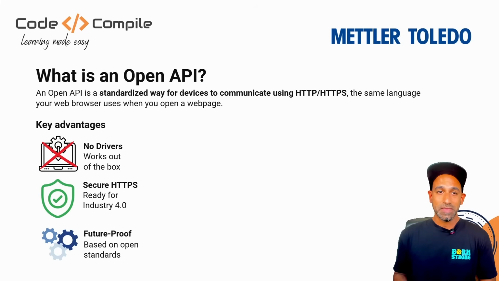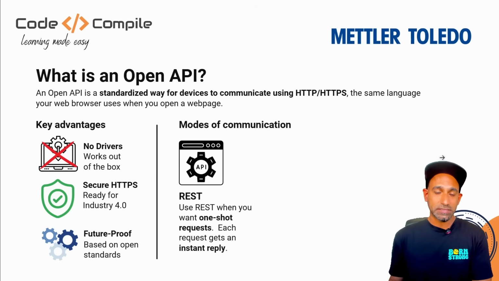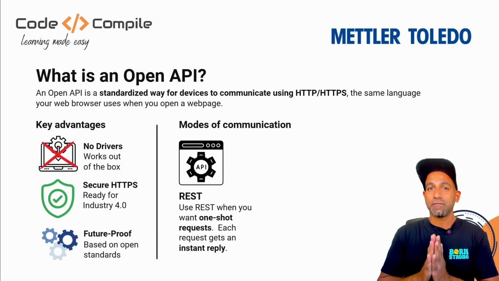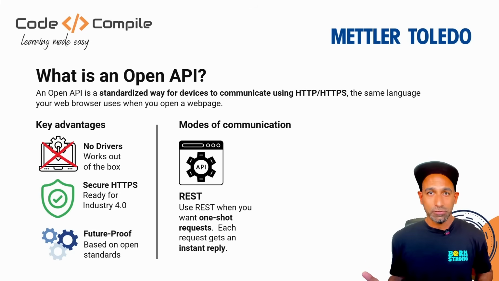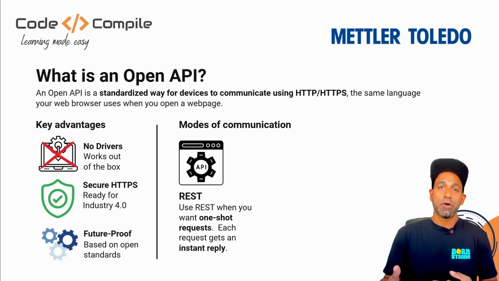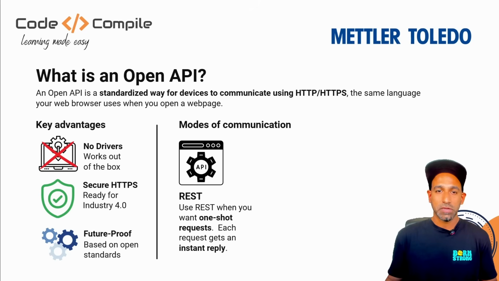There are two ways you can communicate in OpenAPI. One is REST. Using REST, you can have one-shot requests. You send the request and you get the data out. So you have to poll the data: every time you need some information, send the request and you get the data. That is the REST way of communication.